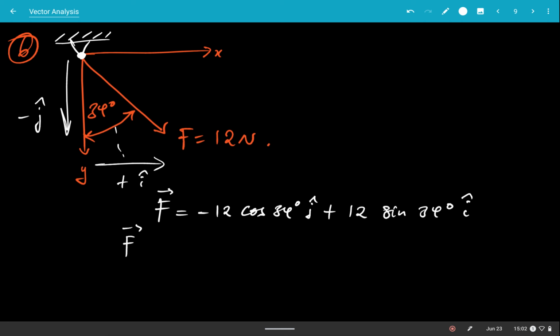So if I compute these, I know I will have minus 9.948450871, that's in the j.